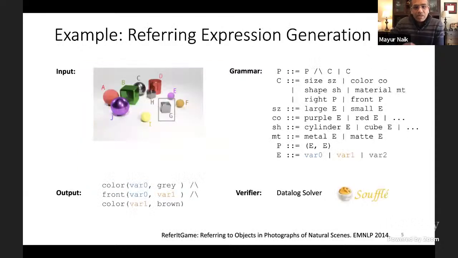So yet another application, and the one which I'll focus on primarily throughout this talk, comes from the AI domain. It's called referring expression generation. It was originally proposed in 2014 by the paper I've listed at the bottom, titled ReferItGame.